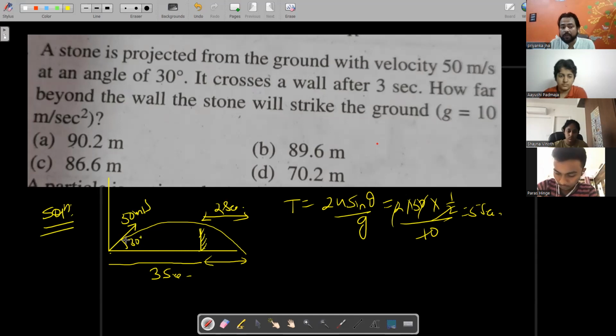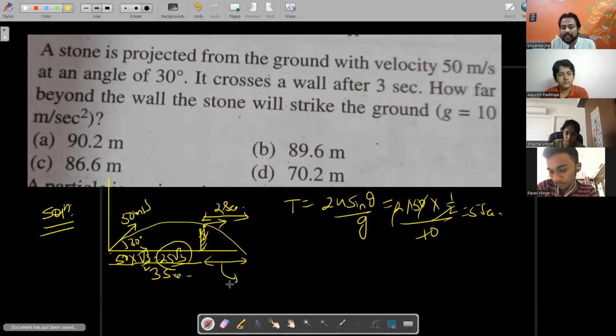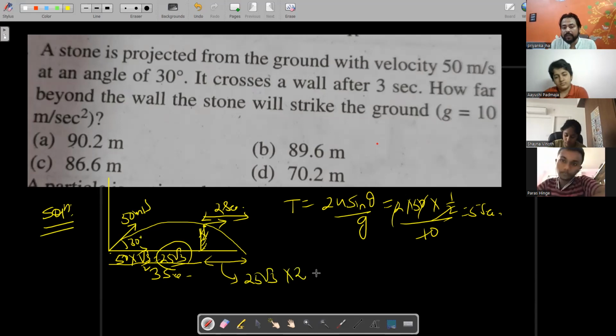And what is the horizontal component of the velocity? 50 cos theta, so that is 25 root 3. Here as well, it will have different vertical velocity, but the same horizontal component. So time we have, and this horizontal component we have. So we can find this distance as 25 root 3, velocity, into time, that is 50 root 3.